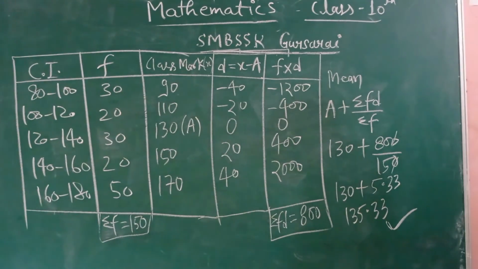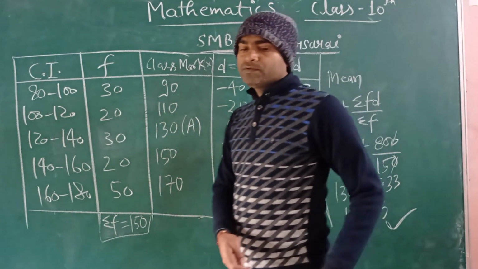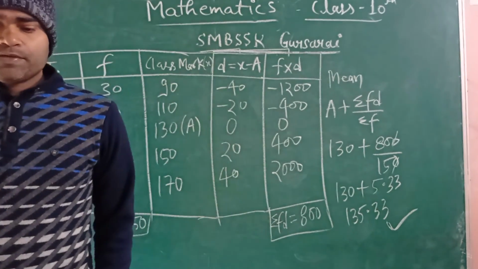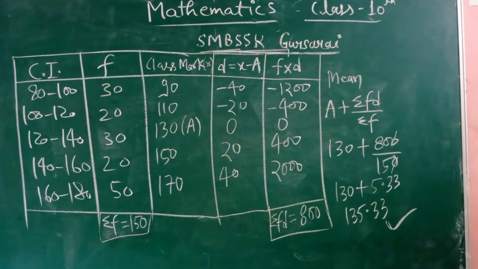So I think this method will be clear to all of you and you can solve it by following these two questions. So students, for today the assumed mean method is your homework.